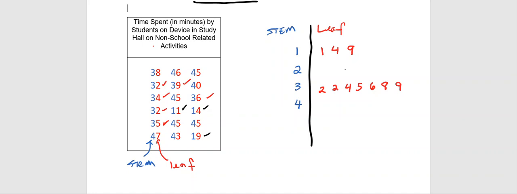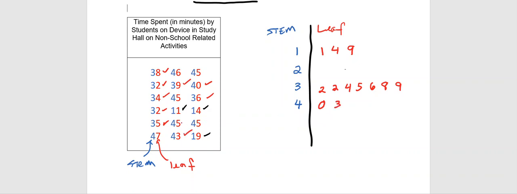And then we're going to move on to our values of the 40s because it looks like I've taken care of all of my values in the 30s in order. So let's move on to the 40s. The lowest value of 40 that I have is 40. So I'll put a 0 there. And then I'll move on to the next value in order, which appears to be 43.